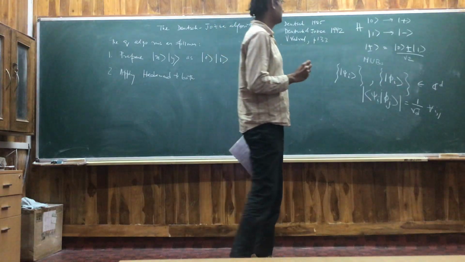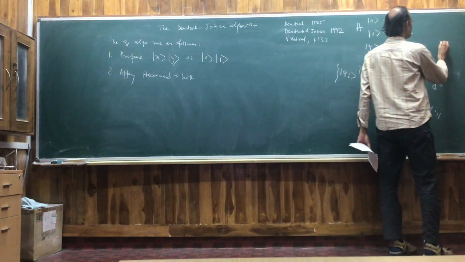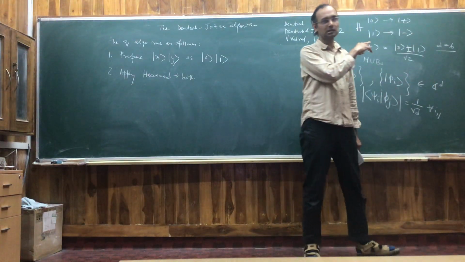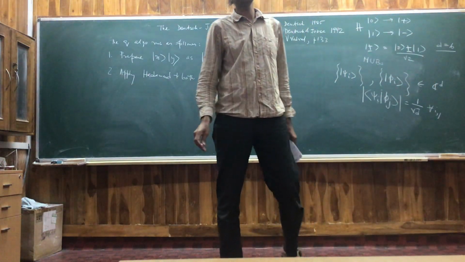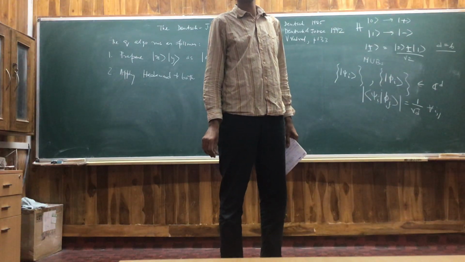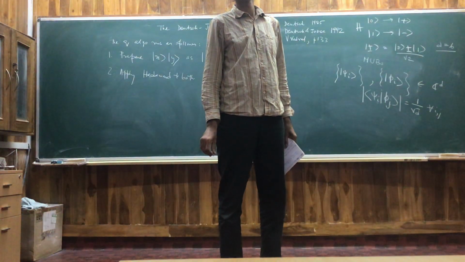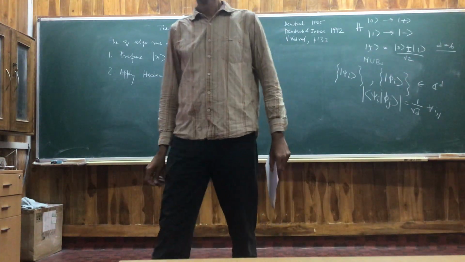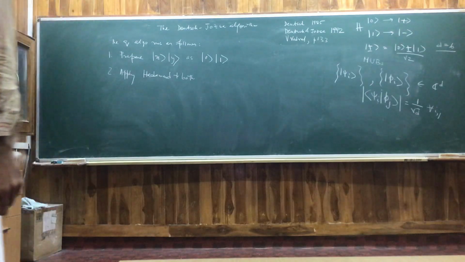So for dimension 6, we don't know whether there are 7. 6 is the first non-prime power dimension. 4 is a prime power, 2 squared.